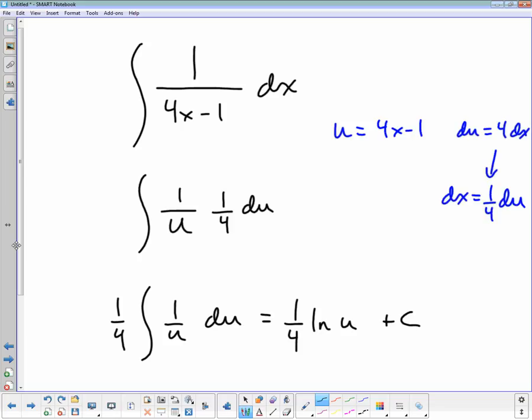It can't work for 0, and it can't work for negatives. That's why you'll see absolute value bars on it. There are some u's, however, that are always positive things. For example, x squared is always a positive thing, or the square root is always a positive thing.